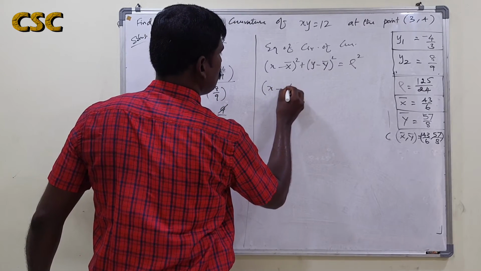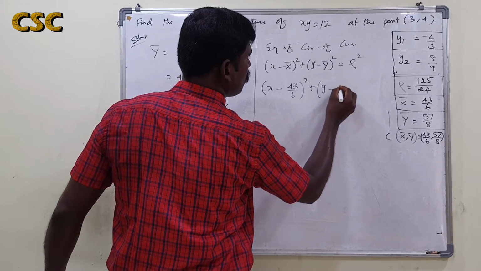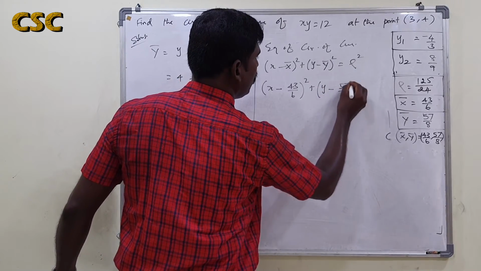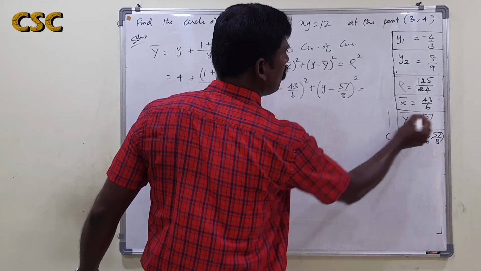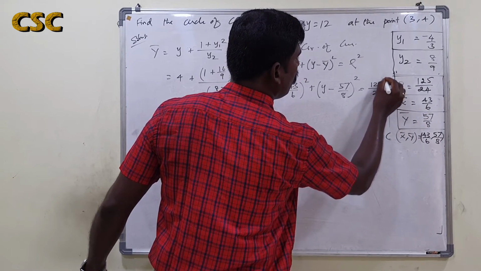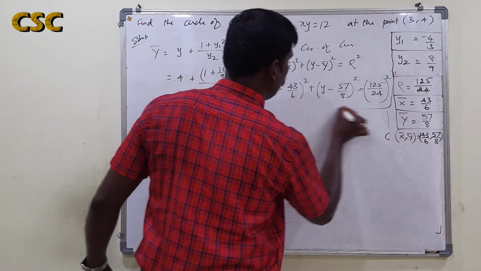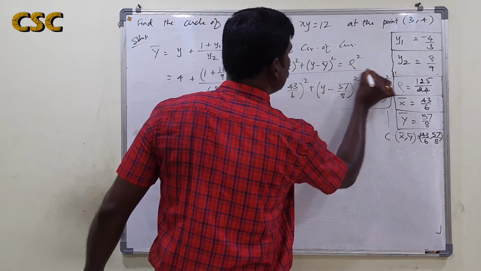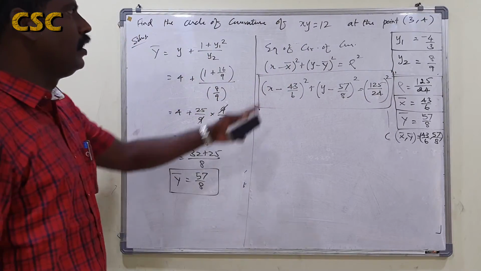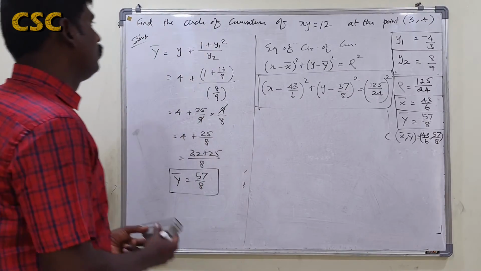So x minus x bar is 43 by 6 the whole square plus y minus y bar is 57 by 8 the whole square is equal to rho, which is 125 by 24 the whole square. No need to simplify this. Okay. This is the equation of the circle of curvature of the curve xy equal to 12 at the point 3, 4. That's all.